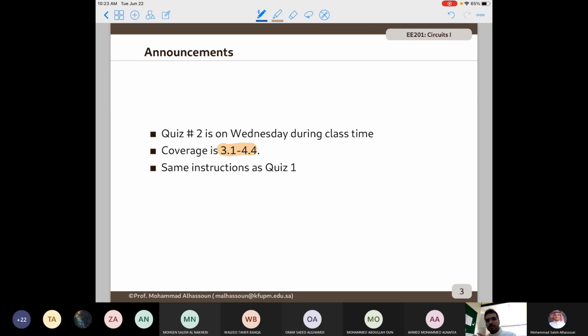The remaining part will only include the first 4 sections of chapter 3, which is 3.1, 3.2, 3.3, 3.4. So when I say 3.1 to 4.4, I mean anything that's part of the syllabus. Is it clear?